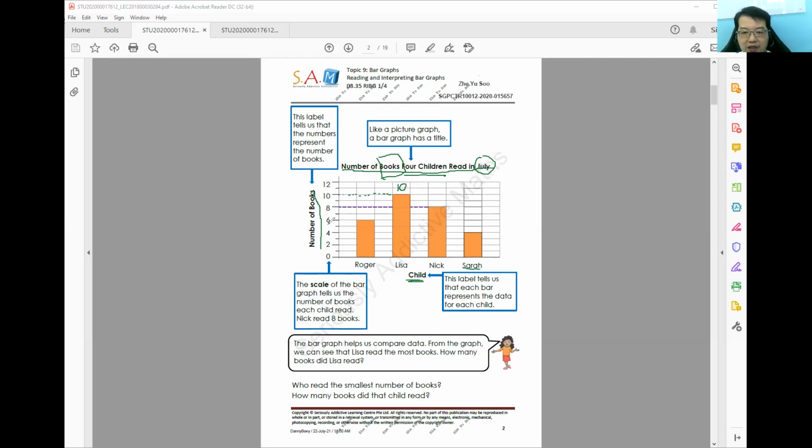So without actually looking at the number of books or the scale here, just by looking at the length of the bars, you'll be able to tell quickly who read the most and who read the least. Okay, and so that's one of the benefits of reading bar graphs. Okay, let's move on.